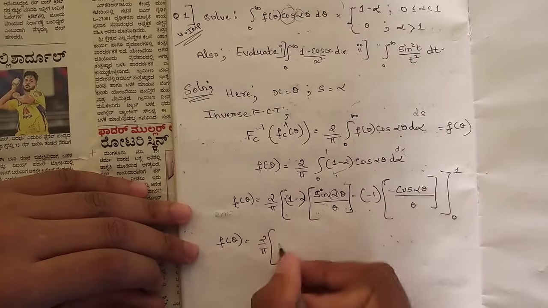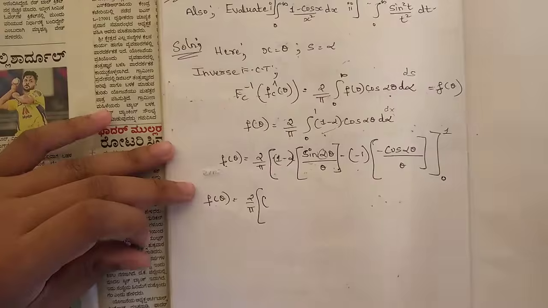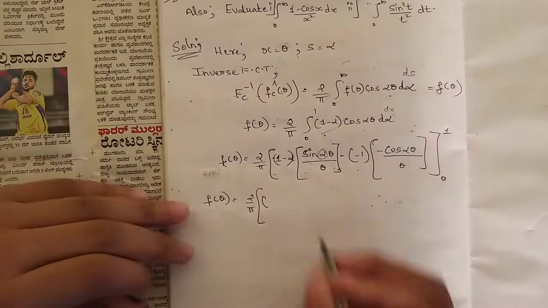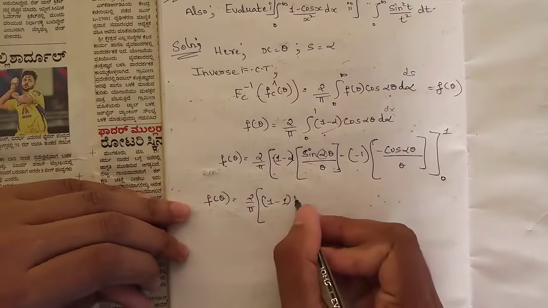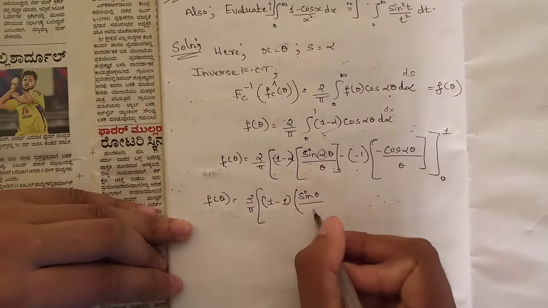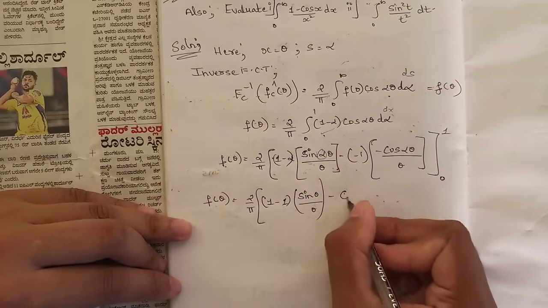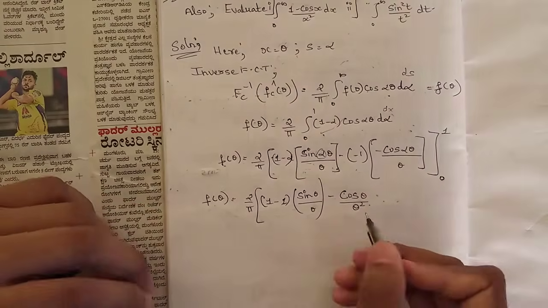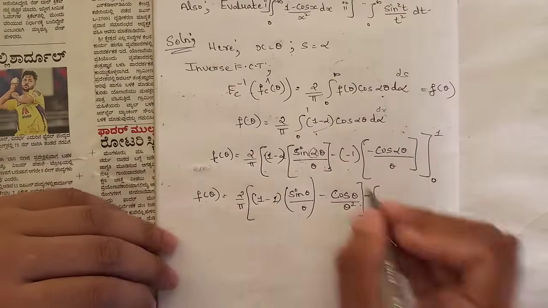Now apply the limits, that is 1 minus alpha. The parameter again is alpha, so wherever there is alpha in this equation, substitute the limits there only. So 1 minus alpha, replace alpha by the upper limit 1, so it is 1 minus 1 into sine alpha is 1, so it is sine theta by theta, minus into minus plus, plus into minus, minus again cos theta by theta square, minus the lower limit.